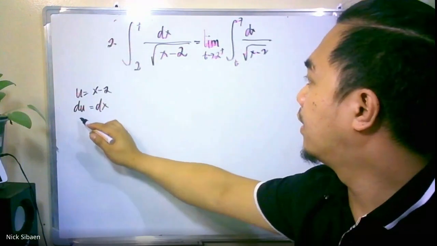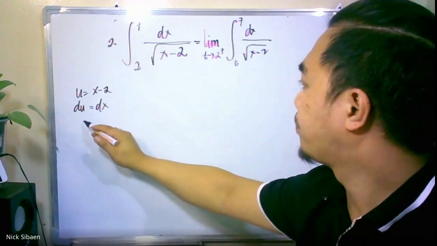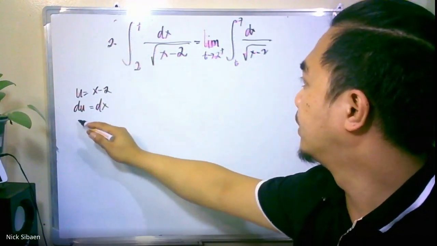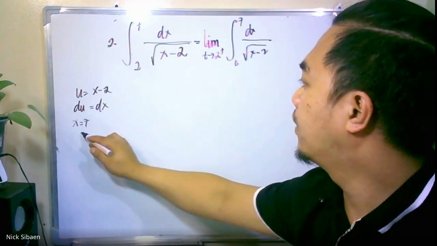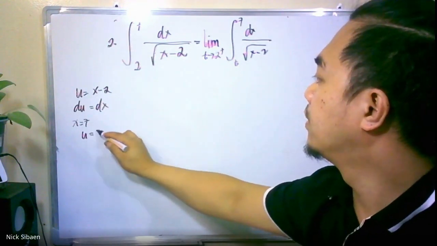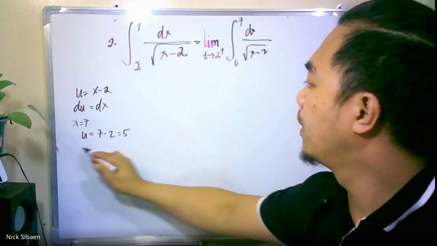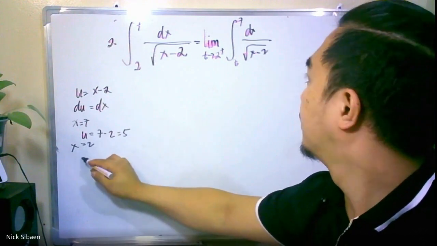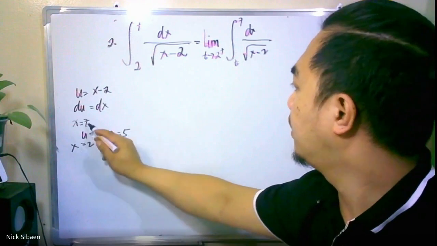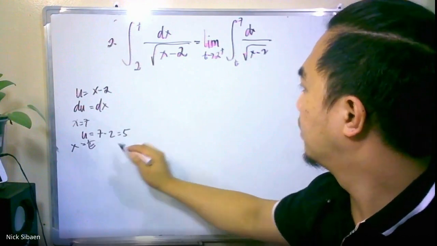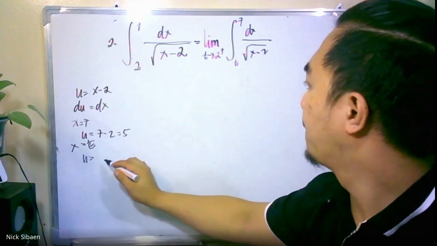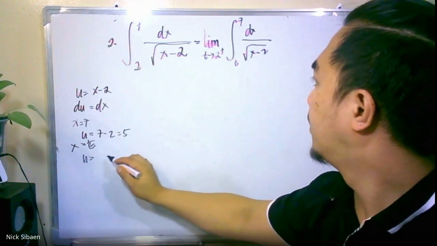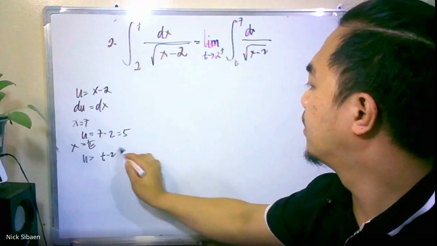And then the limits would become: at x equal to 7, we have u equal to 7 minus 2, 5. X equal to 2, or t, magiging u equal to t minus 2.